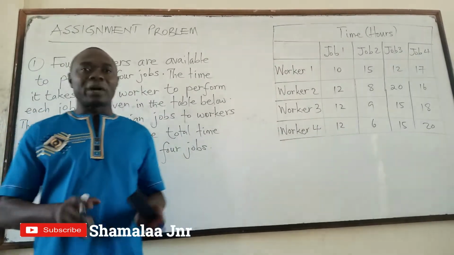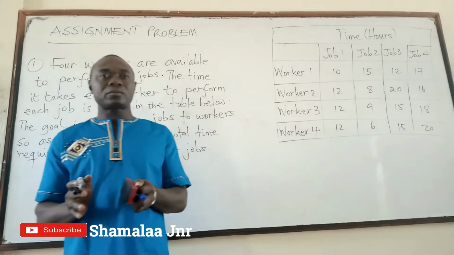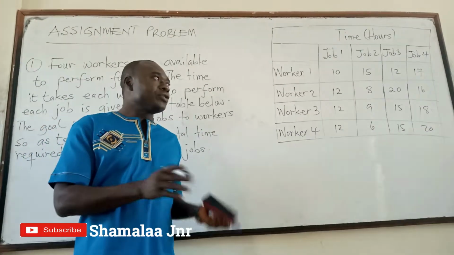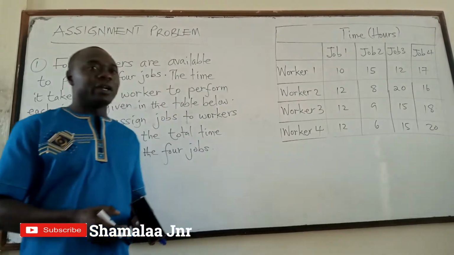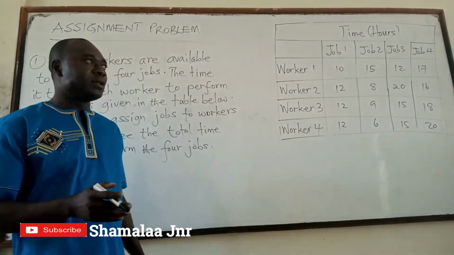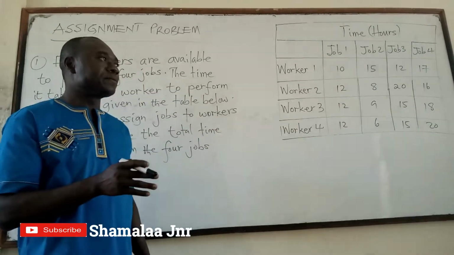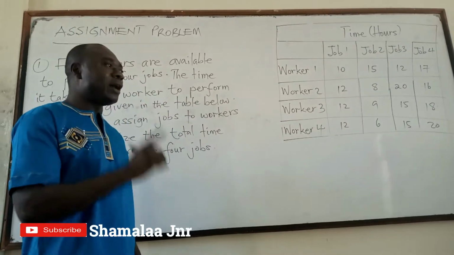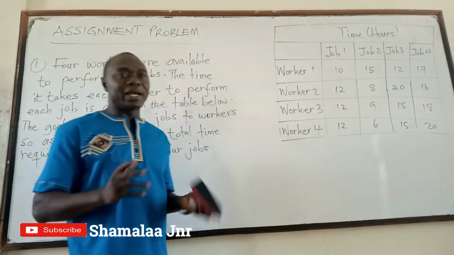A typical assignment problem involves assigning jobs to machines or jobs to people, contracts to bidders, etc. Now, a distinguishing feature of the assignment problem is that each machine, person, or contract bidder is assigned to one and only one job or task.